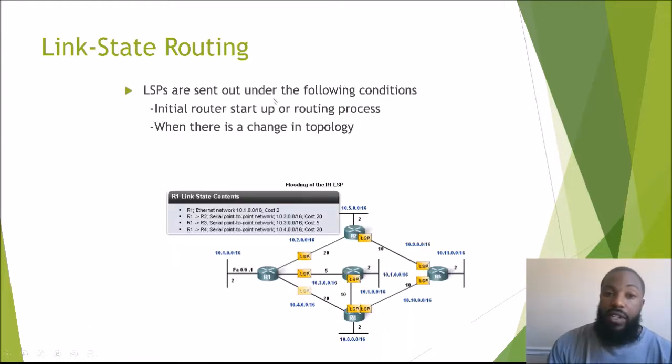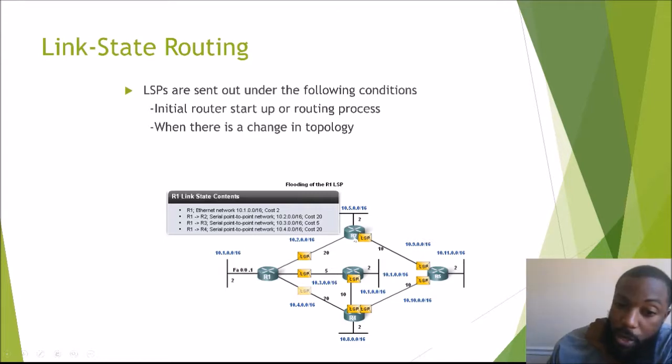LSPs are sent out under the following conditions. Initial router startup or routing process. So once we power it on, we learn about the LSP. When there is a change in topology. So let's say, for example, I'm router 1, and let's say the local area network over here goes down. I let them know about it. Then they can be like, okay, we can't really go through that way to get to the local area network on router 1.